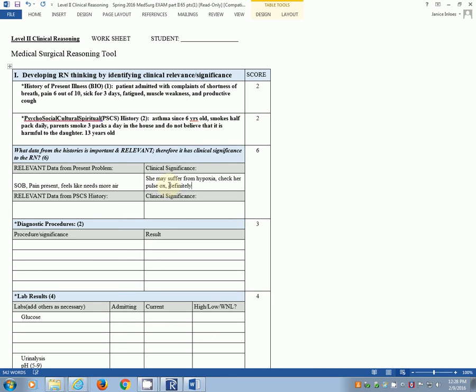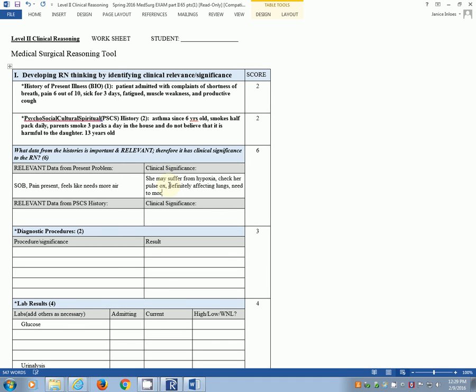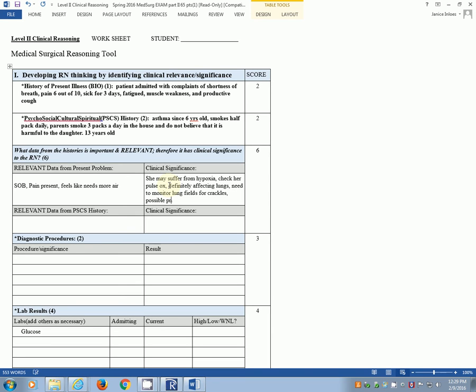Definitely affecting lungs. Need to monitor lung fields for crackles, possible pneumonia.